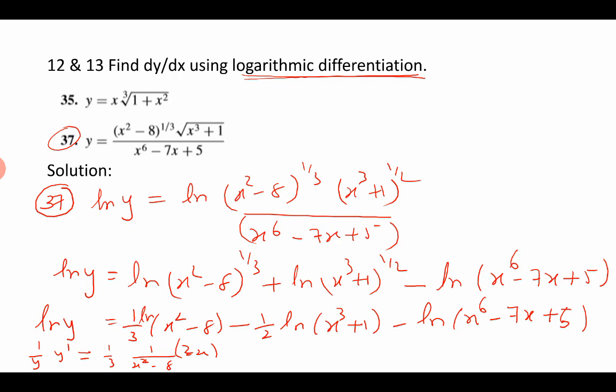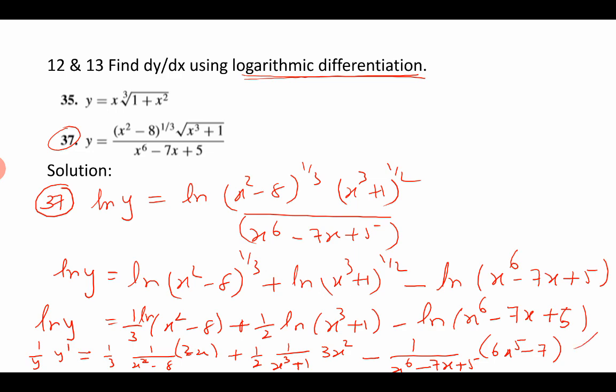Next, sorry, this is plus, so plus half, 1 over (x cube plus 1) into 3x square, and minus 1 over (x power 6 minus 7x plus 5) into the derivative of the inner term, 6x power 5 minus 7. That is it.